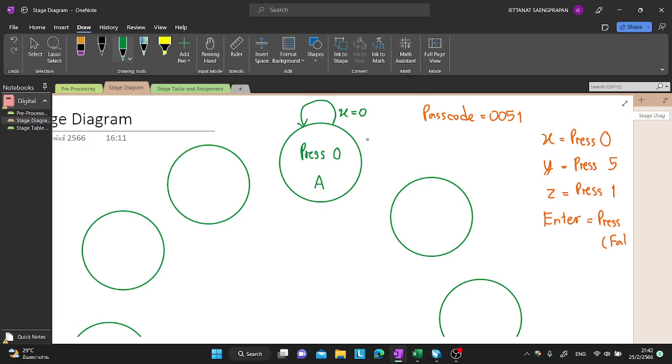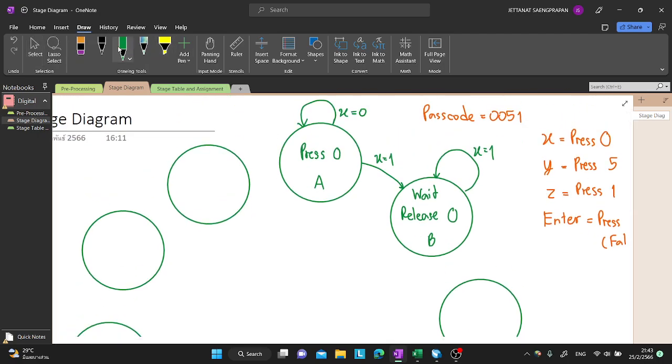When I press 0, x is 1, and the next state is state B, wait for release 0. This state loops when x is 1, because I still press and do not release yet.